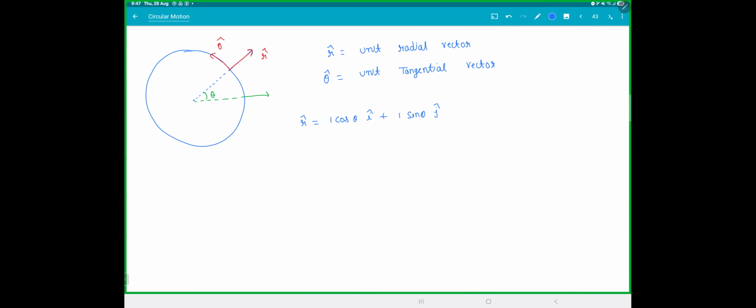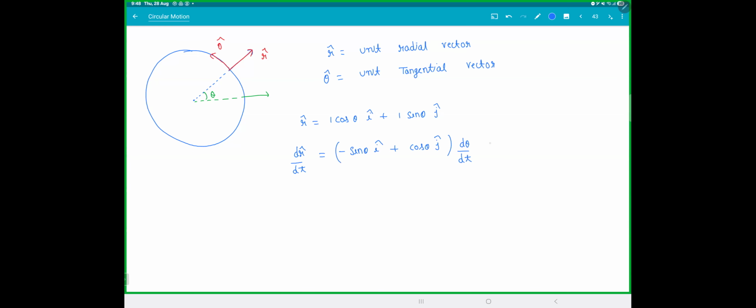If I differentiate this vector, see what we get. So d r cap by dt will be the differential of cos theta, minus sin theta, and the differential of sin is cos theta j cap. And remember, we have to differentiate theta also. This will be d theta by dt, because you have to differentiate the theta also.